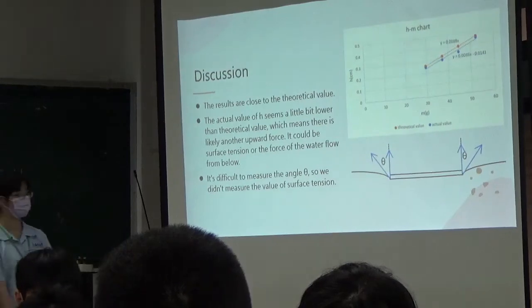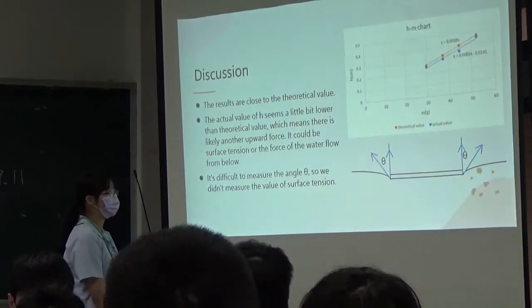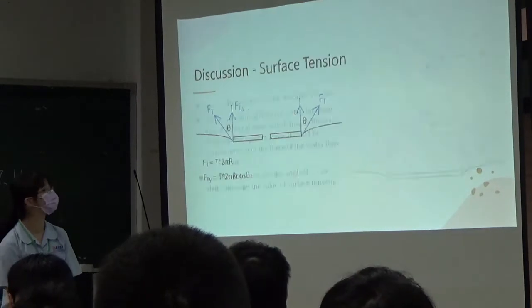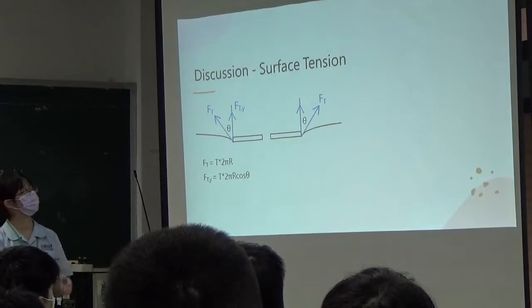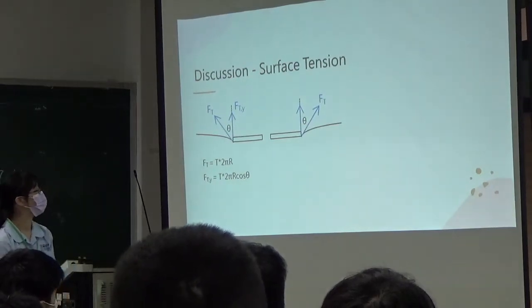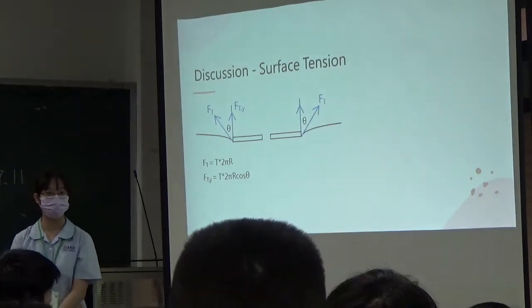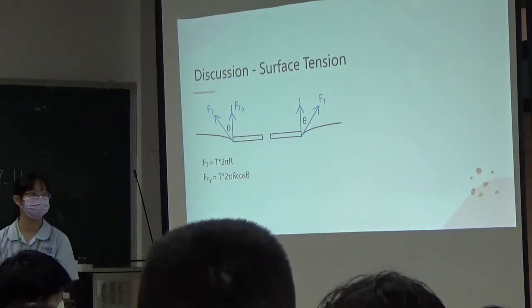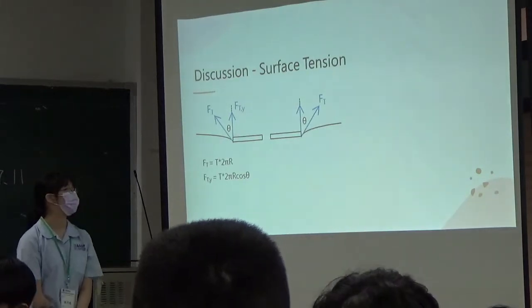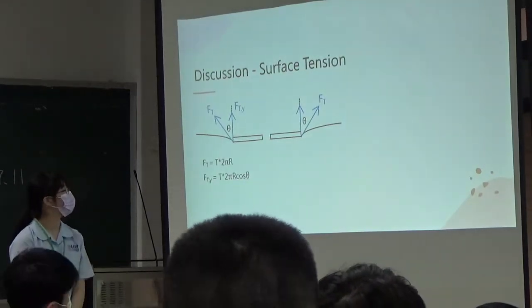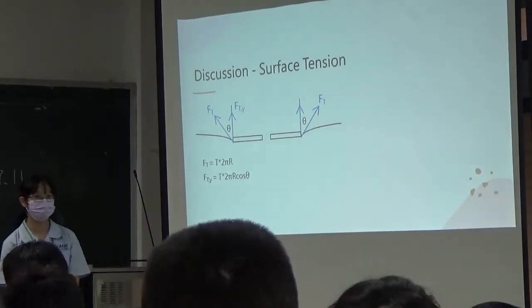Because it's difficult to measure the angle theta, we didn't measure the value of surface tension. But we still discussed the effect of surface tension. The surface tension would provide an upward force to the disk. Surface tension is measured in force per unit length, which means the force equals the surface tension times the length.